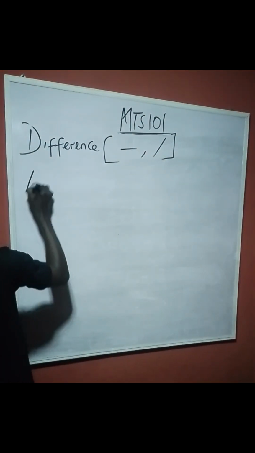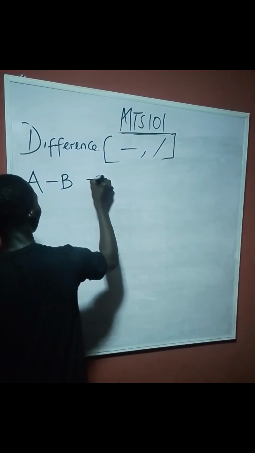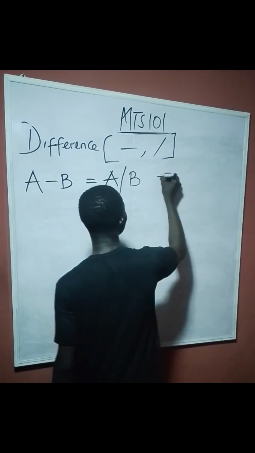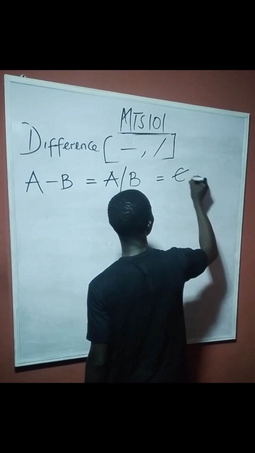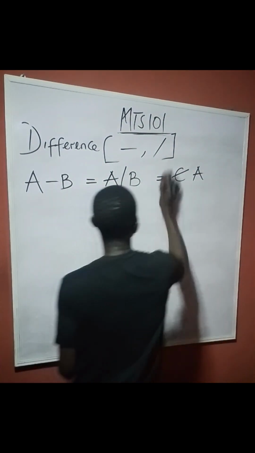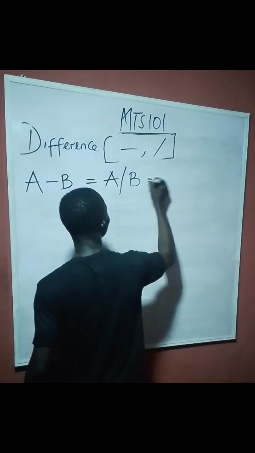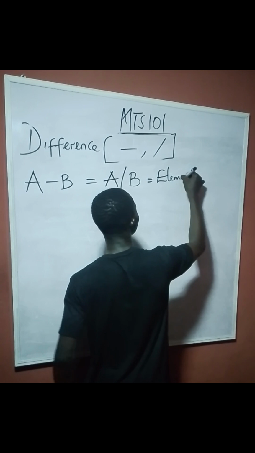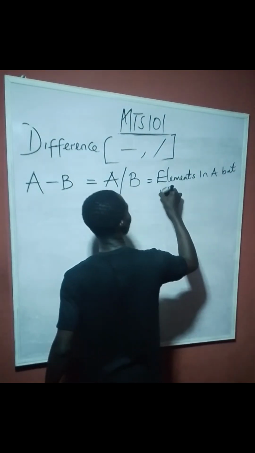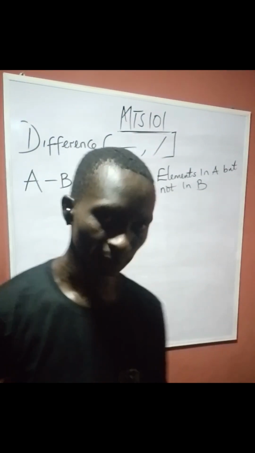Now, let's say you have A difference B, which is still the same as A slash B. This implies elements in A, but not in B. That is what A difference B means.